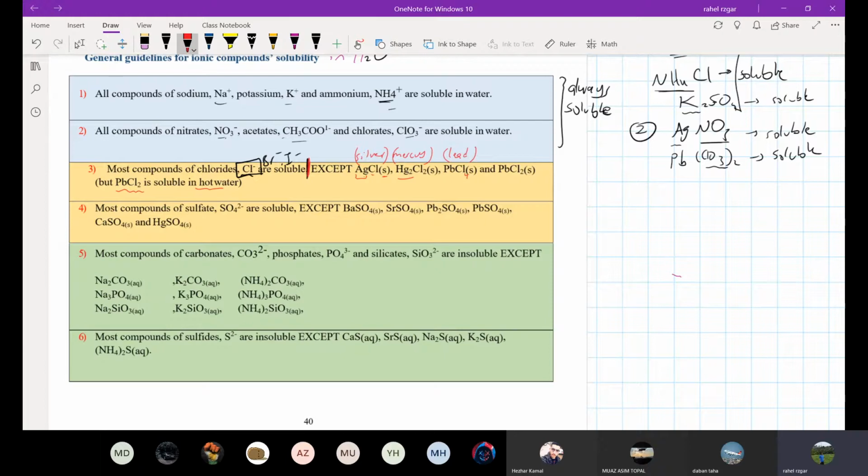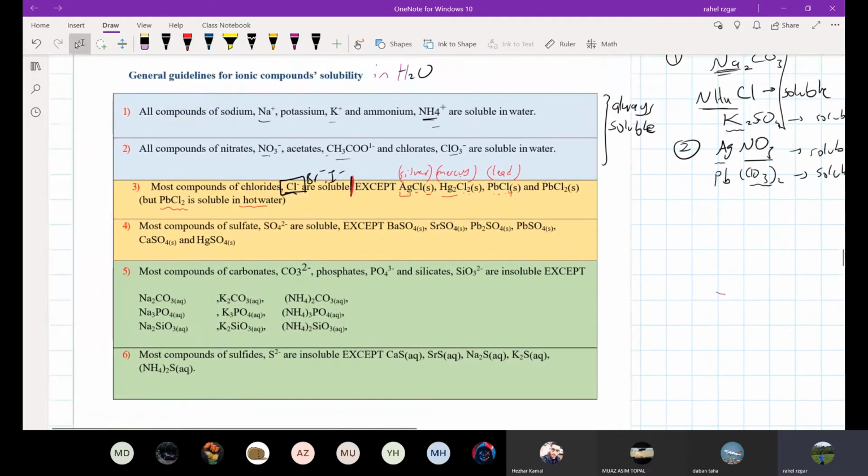Cl with silver, insoluble. Mercury with Cl, again, insoluble. Pb with Cl, any Pb with Cl, it is insoluble, except if it specifically tells you only PbCl2, like lead 2.